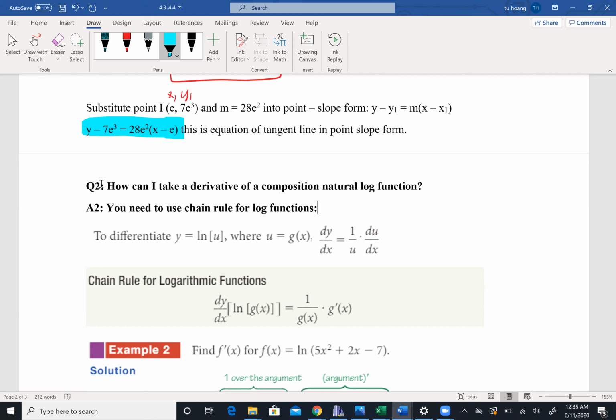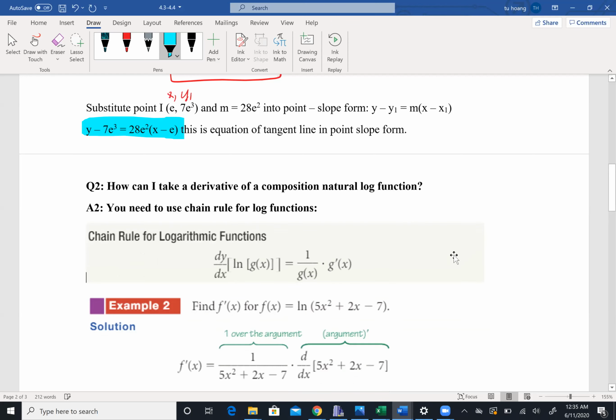Okay. So what is the chain rule in this case? I don't even need this one, just put it down. Okay, so what is the chain rule?